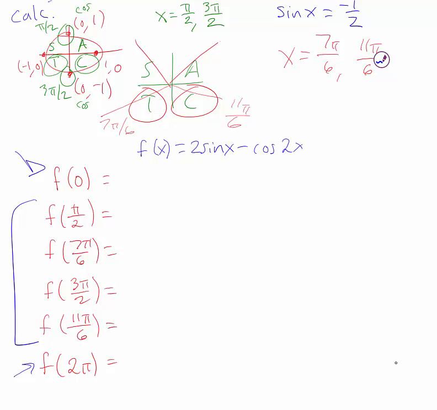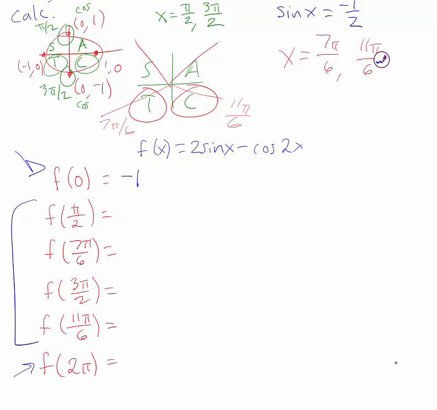When we plug in 0 to that, we get -1. When we plug in pi over 2, we get -3/2. This would be a question where having a calculator would make it much faster. 7 pi over 6 is again -1. I'm getting ahead of myself, I actually messed this up.